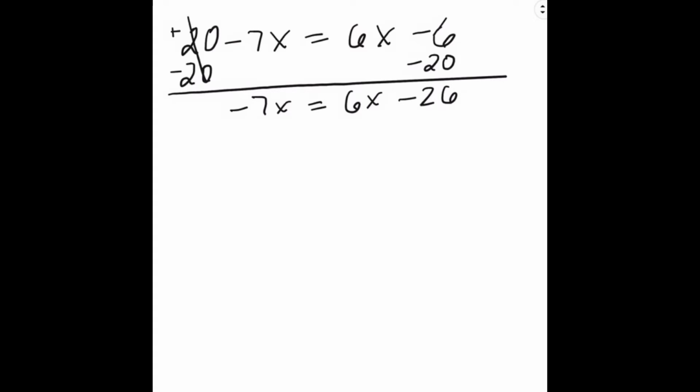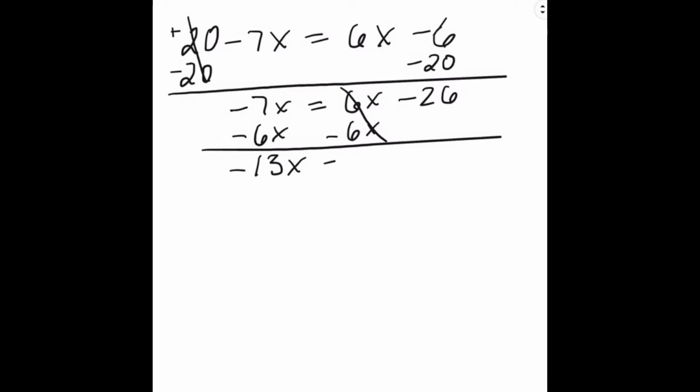So let's do the inverse of 6x, which is negative 6x. What we do to one side, we do to the other side. 6x minus 6x cancels. We'll combine here, leaving us with negative 13x. And on the right side of the equal sign, we have negative 26.